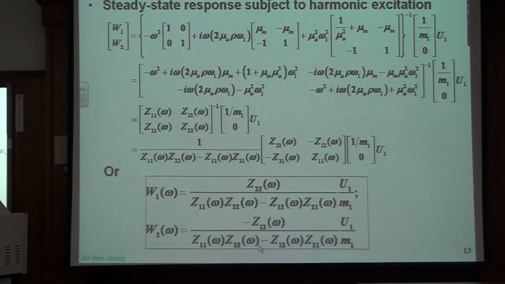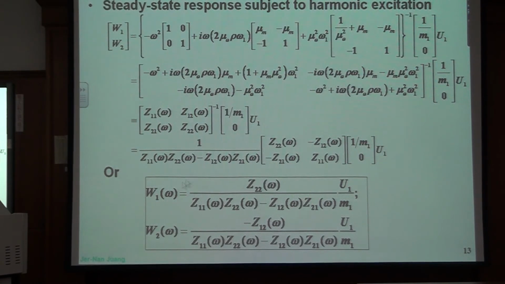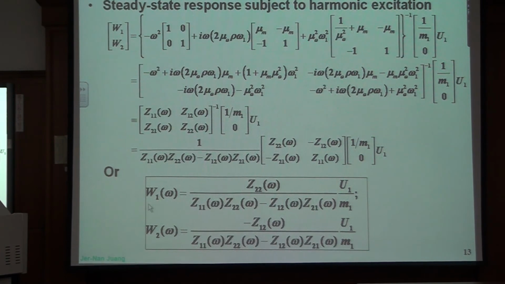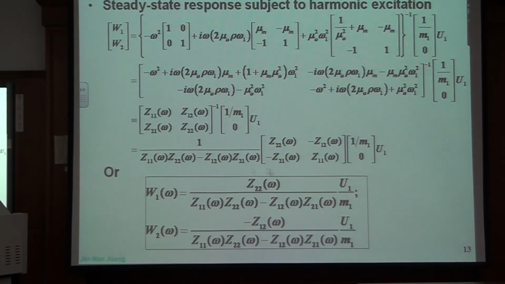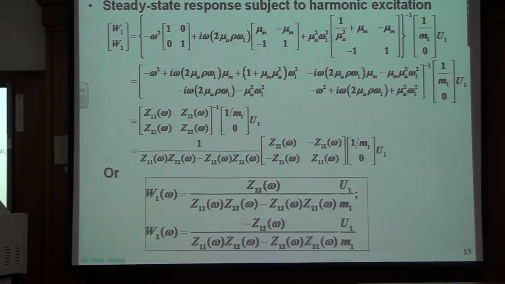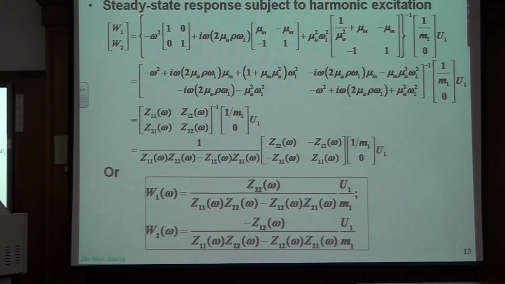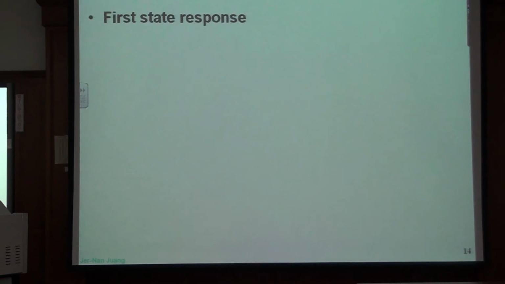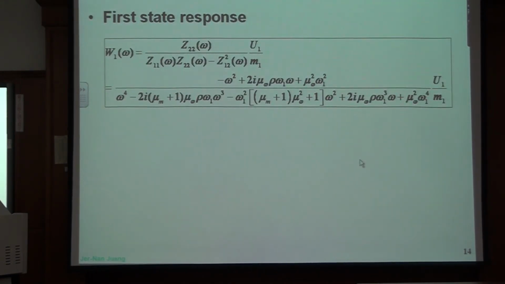Again, we look at this one. This is my displacement, and this is my force, E1. That's my amplitude. If I divide the displacement by E1, that's my frequency response. So my frequency response is defined like this.